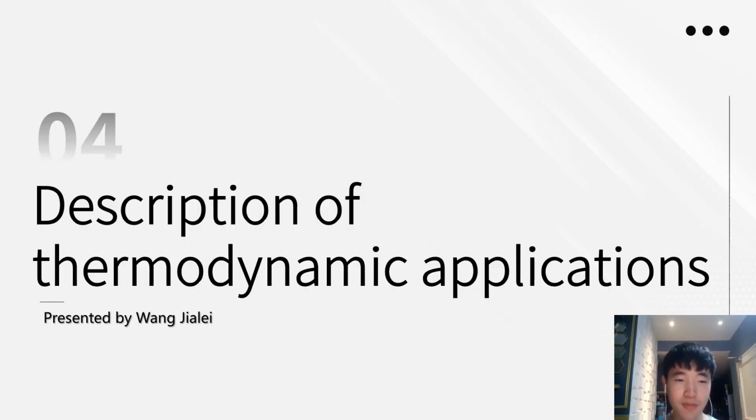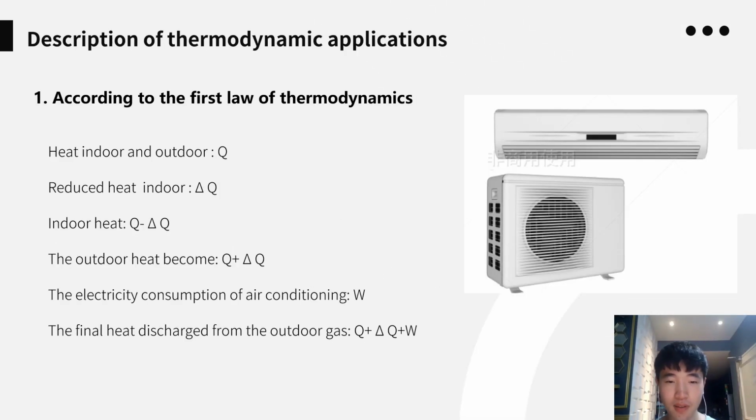The fourth part, thermodynamic application. If the original indoor and outdoor heat is Q, when we use air conditioning, the indoor heat decreases by delta Q. The heat becomes Q minus delta Q. When the indoor heat is reduced, it becomes cooler.